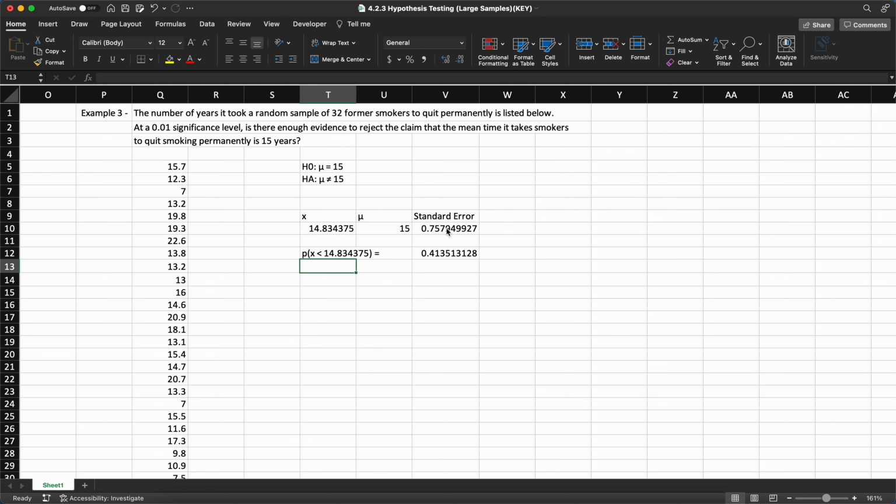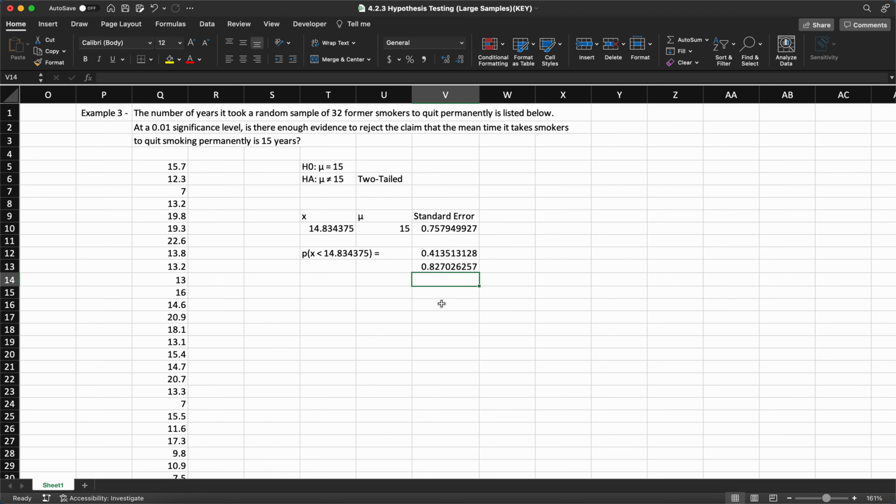And so this comes out to 0.413, which would already be large enough to not reject the null hypothesis. But remember, this was a two-tailed test. So at the end, I have to multiply my probability by 2.